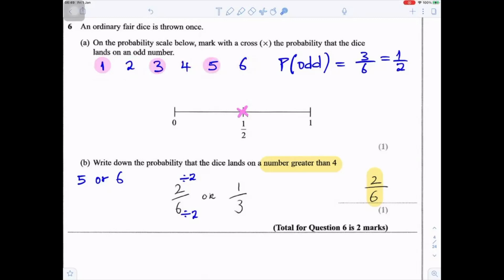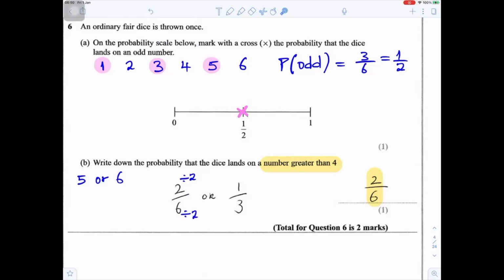For part A, we want the probability that the dice lands on an odd number. There are 3 odd numbers. So the probability is 3 odd numbers divided by the total, which is 3 divided by 6, which is a half. And a half is in the middle. So that's how you work out the probability, and you mark it with an X.